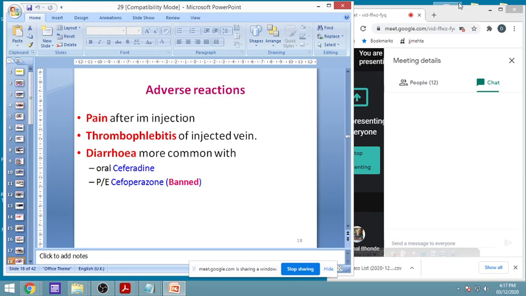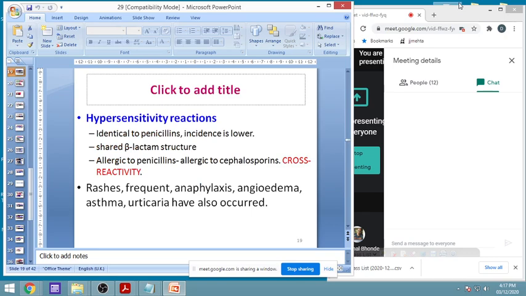Adverse reactions: there is pain after intramuscular injection. It causes thrombophlebitis, that is inflammation of the vessels or veins. It can cause diarrhea because of oral cephalosporin. So these are the major adverse effects. Otherwise, they are safe. Same as penicillin, hypersensitivity can occur, but comparatively the incidence is lower. Those who are allergic to penicillin may be allergic to cephalosporin also.